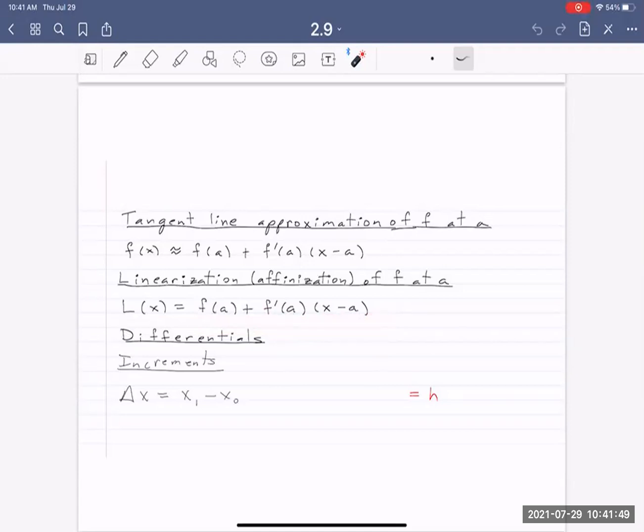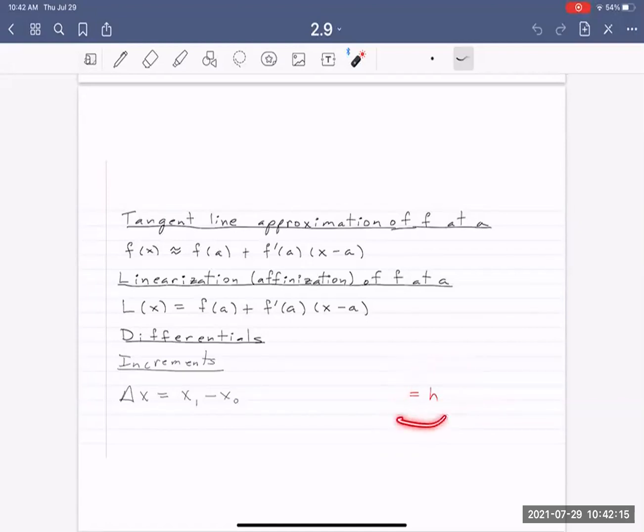Let me give you some additional terminology. Linearization. So the infinitesimals, the increments. Let me tell you what an increment is. So let delta x equal x1 minus x0. It's what we were calling before h.